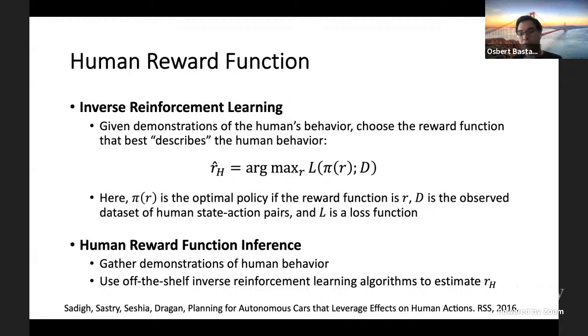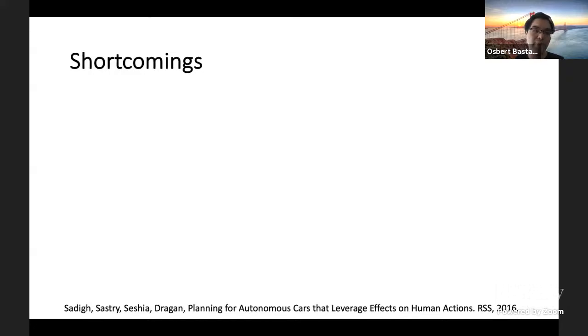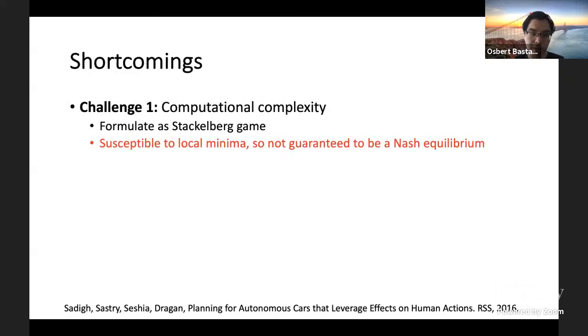So with the human reward function and their solution strategy, you can now compute Nash equilibrium strategies to the Stackelberg game. They show that this is a pretty effective approach, but there are some significant shortcomings if you want provable guarantees.